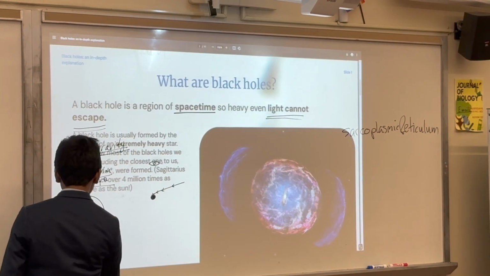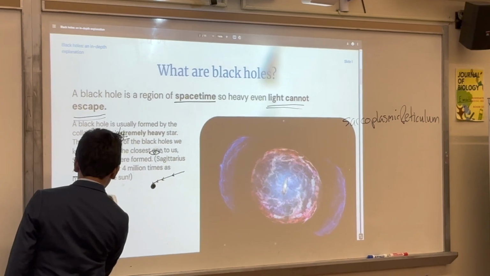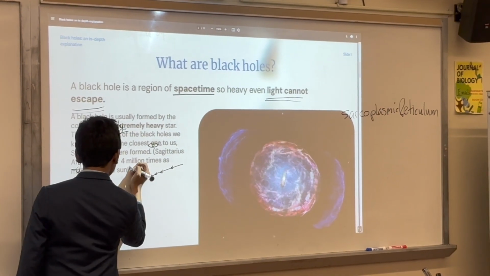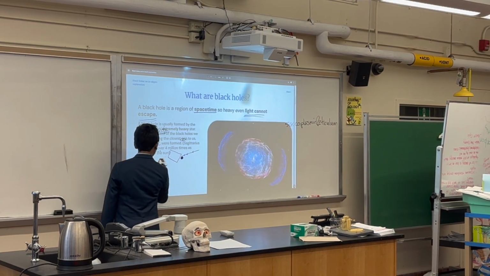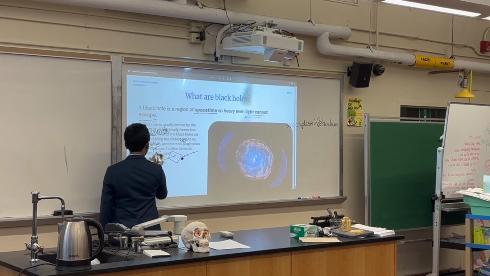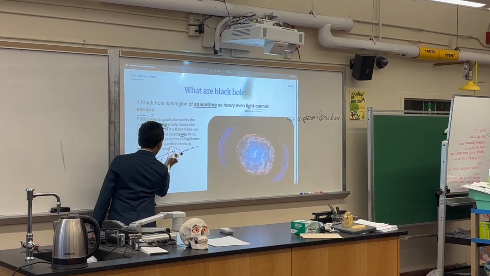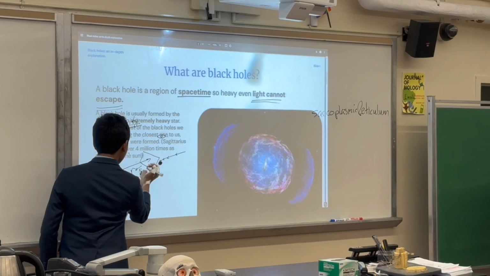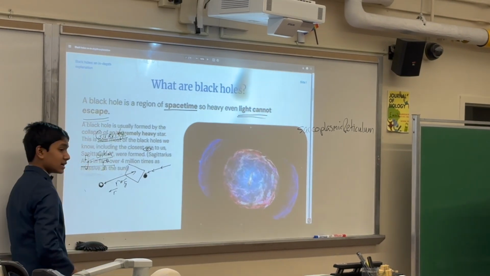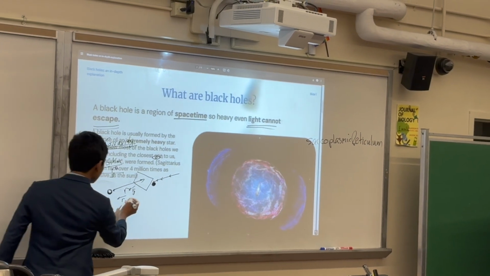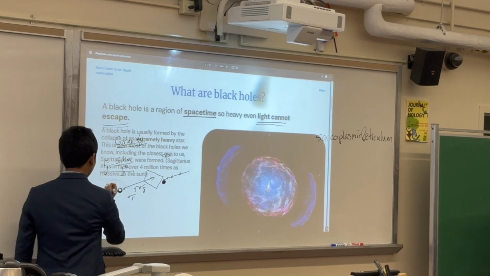It means that if we have a black hole over here and an object that is very close to it, this radius, the closer you get to the black hole, the larger the force increases.